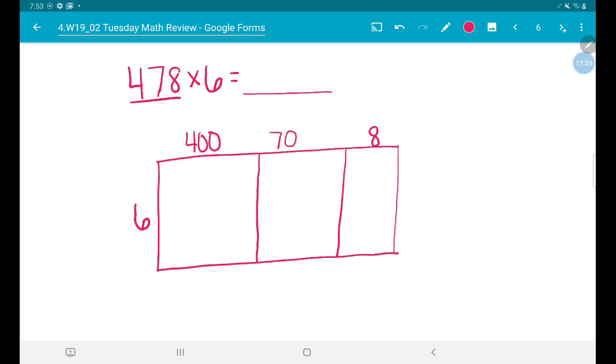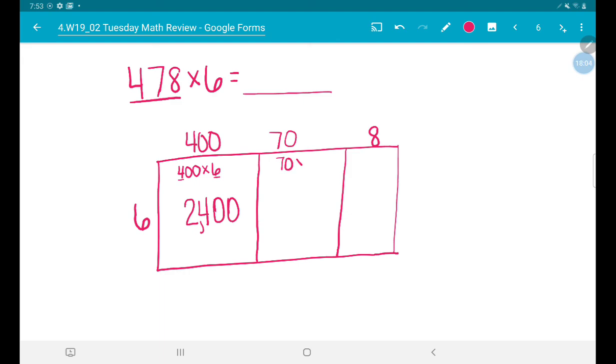To find the area of this first section, we'll do 400 times 6, 4 times 6. I'm going to add my 2 zeros. To find the area of the next section, I'm going to do length times width.